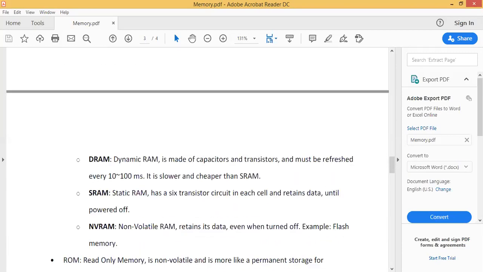RAM is also classified. There are DRAM, SRAM, and NVRAM. DRAM means dynamic RAM. It is made of capacitors and transistors, and must be refreshed every 10 to 100 milliseconds. It is slower and cheaper than SRAM.